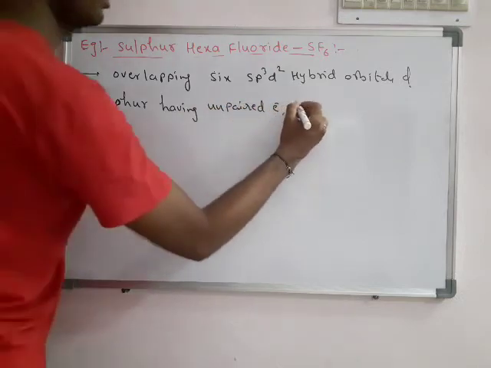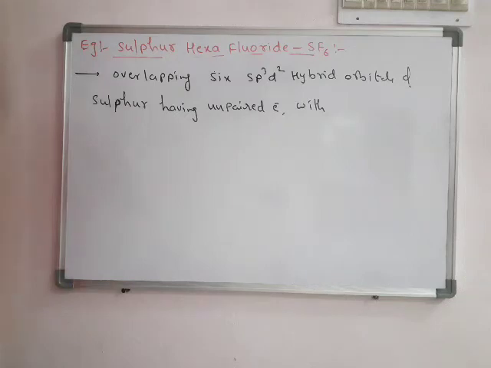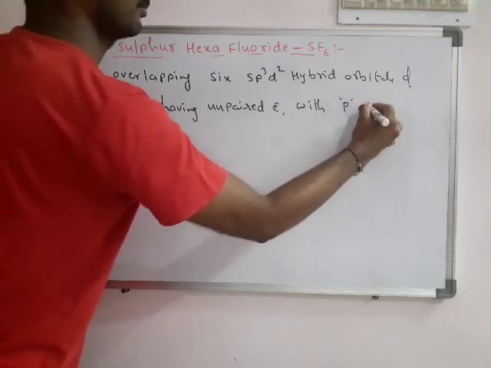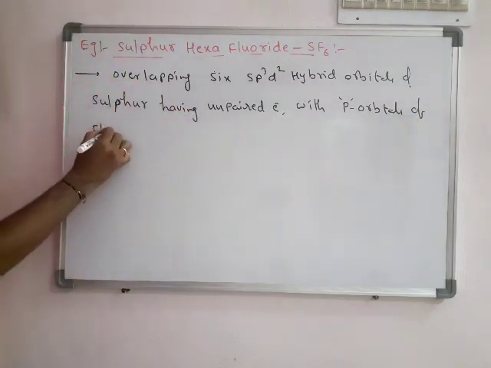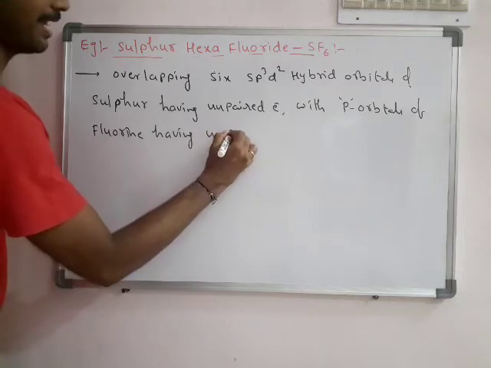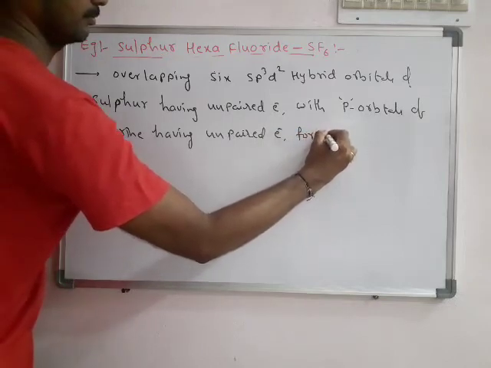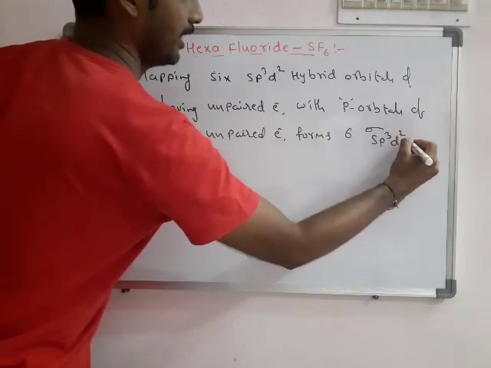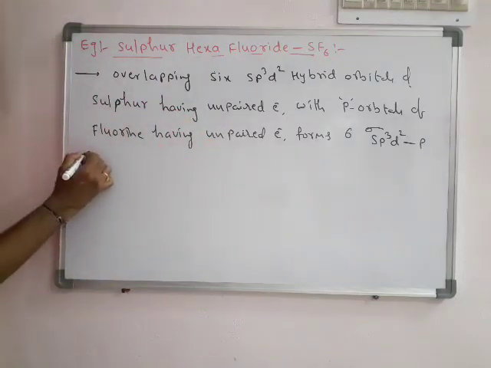The overlapping of 6 sp3d2 hybrid orbitals of sulfur having unpaired electrons with the p orbitals of fluorine having unpaired electron forms 6 sigma sp3d2-p bonds.